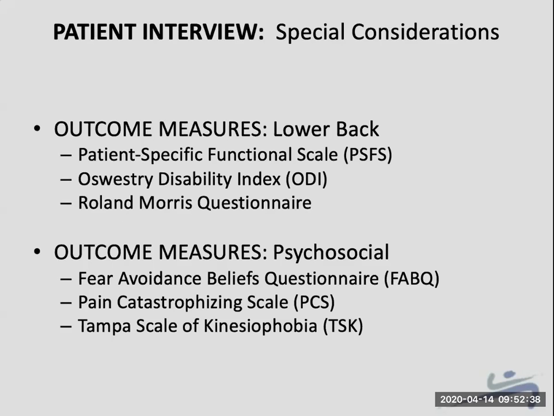Different psychosocial outcome measures can be really helpful as well. We'll talk about the FABQ and the use of that tool for determining if someone is appropriate for a spinal manipulation procedure, but there's much more utility than just that alone.